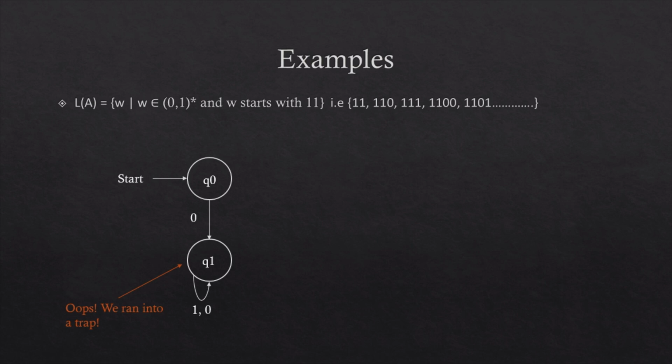So to do that, we put a loop transition here on state Q1, and the transition is on every single symbol of the alphabet, which is 1 and 0. It basically means that it doesn't matter what the next symbols are, it should stay trapped in this state.